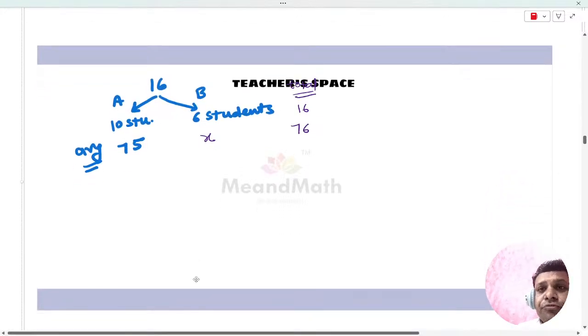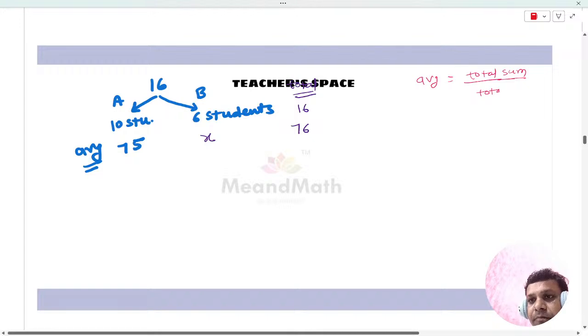Now you know that average is equal to total sum upon total number. So for group A, 75 is equal to sum upon 10.